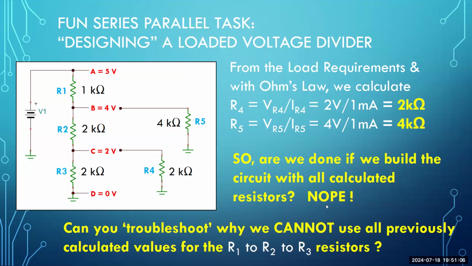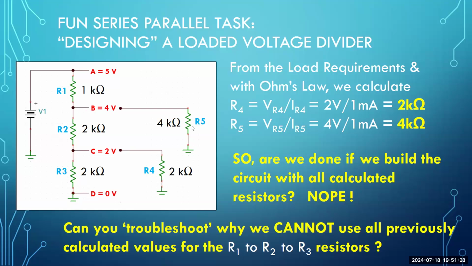There's going to be some kind of a challenge here. If we keep these resistor values, R1, R2, and R3 of 1 kilo ohm, 2 kilo ohm, 2 kilo ohm respectively were needed of those values in those places to achieve the voltages that were required as the design.